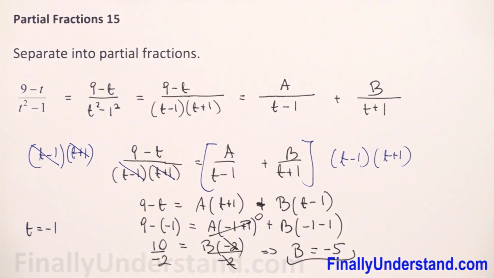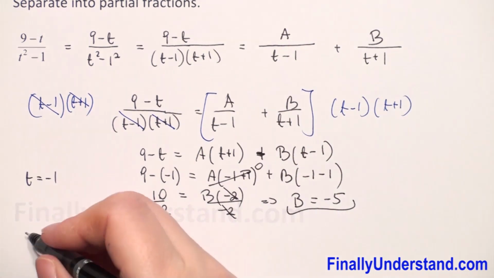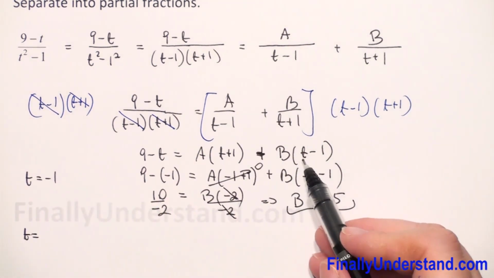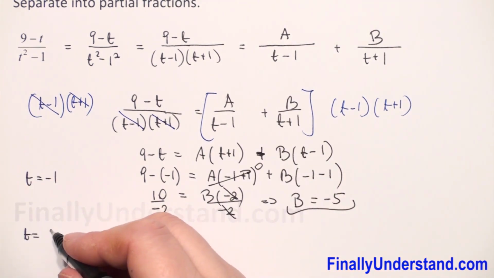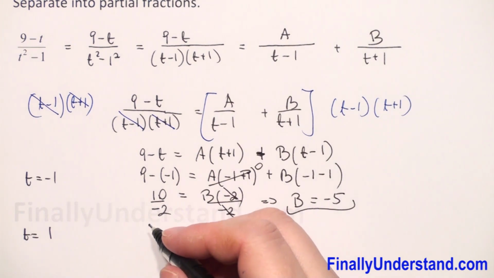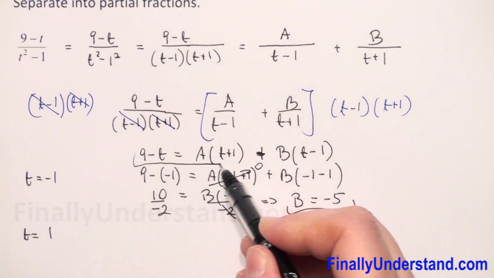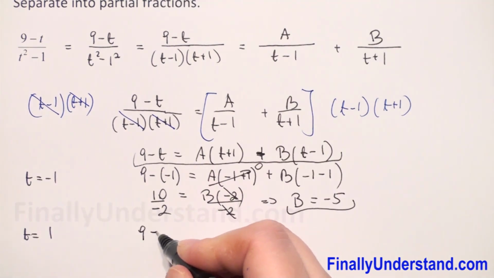Now we have to find a. How do I do this? Now I will write that t is equal to 1, because for 1 this term will cancel out. So now we substitute t by 1. We have 9 minus 1.